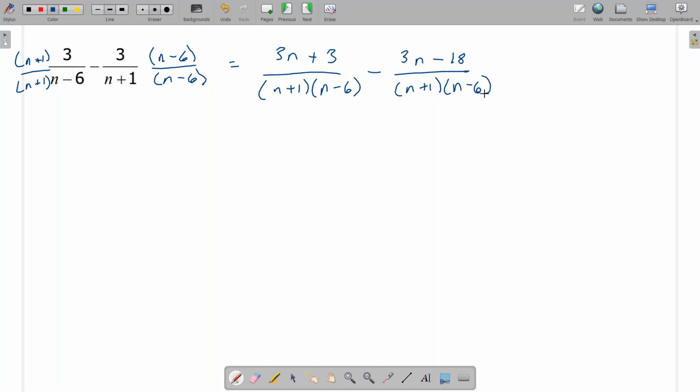So now I have that common denominator I needed, and we can go ahead and combine these by subtraction this time. So think about it as distributing that negative. We really have 3n plus 3 minus 3n plus 18.